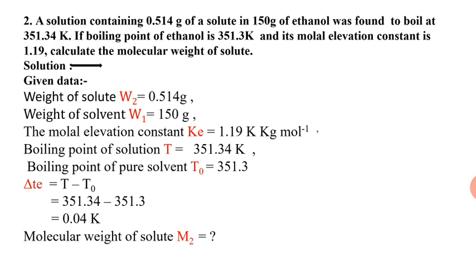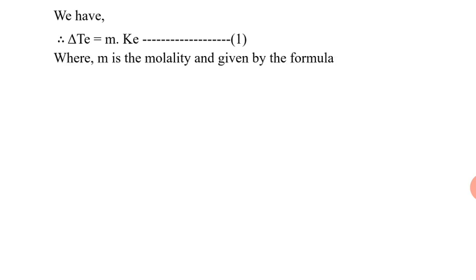Now we have to calculate the molecular weight of solute, that is M2. Thus we have our equation, delta T is equal to M into Ke. Putting the value of molality in our formula, M is equal to W2 upon M2 into W1 into 1000.